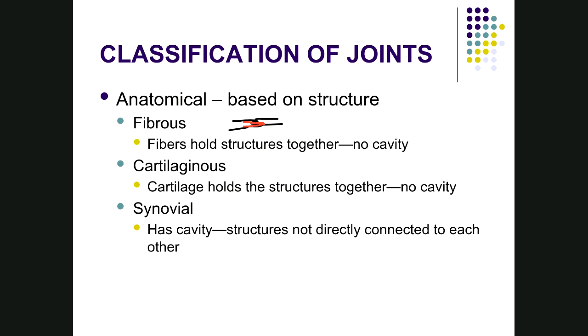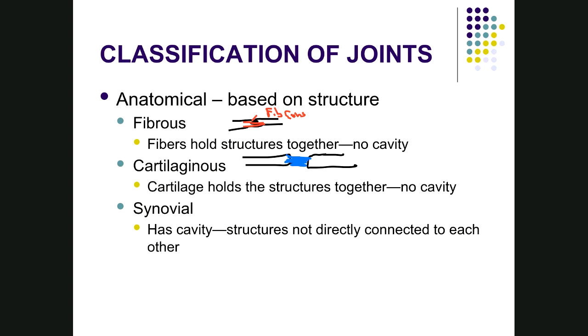So fibers, fibrous joints. If you look at a cartilaginous joint, again, the bones are pretty close to each other, right up next to each other. But what's holding them together is not fibers, it's cartilage. So there's cartilage in between the bones. There's no space, no cavity, just cartilage. But if you look at a synovial joint, the bones don't actually touch.